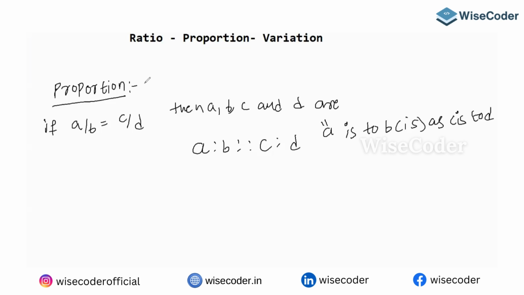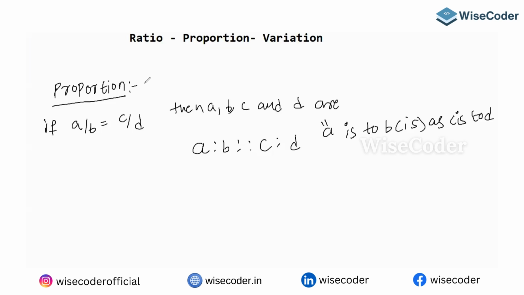This is represented as A is to B as C is to D.